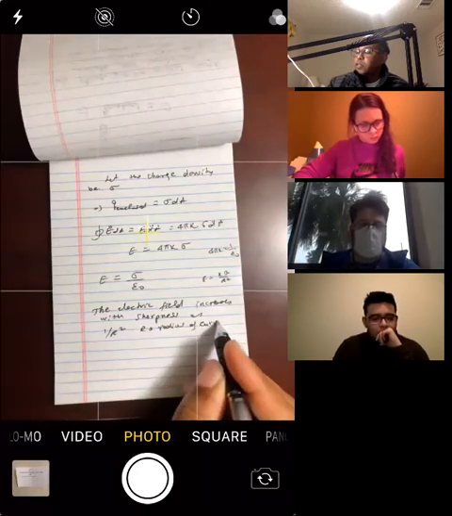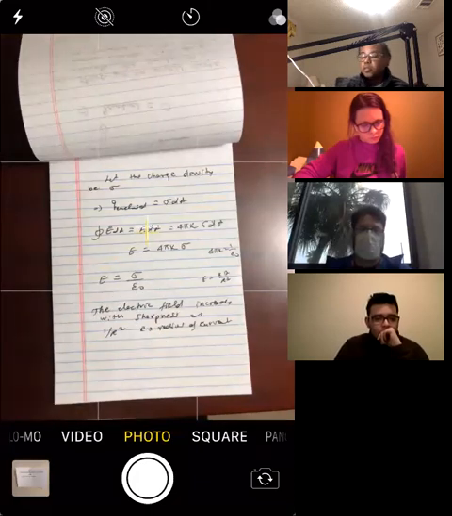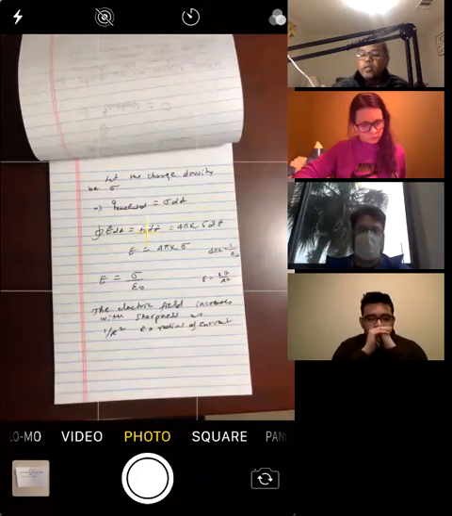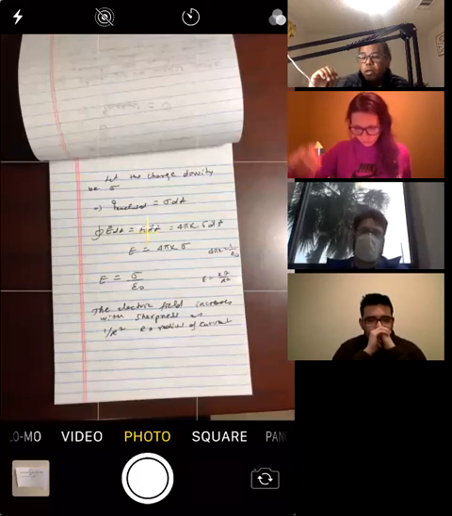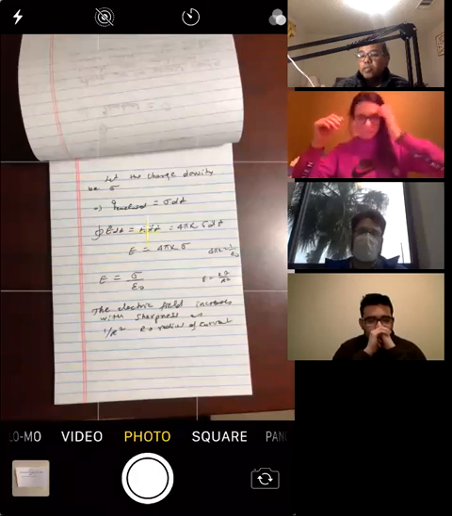But the electric field is proportional to charge density according to this formula. That tells you the charge density is greater on sharp edges and smaller on dull edges. The sharper the curvature of the surface or the edge, the greater the electric field.